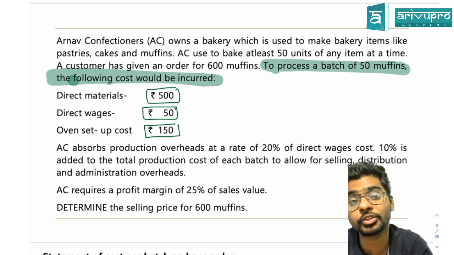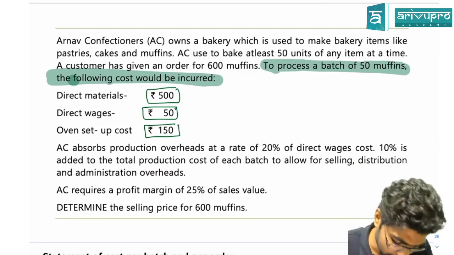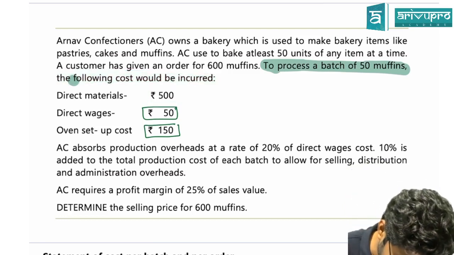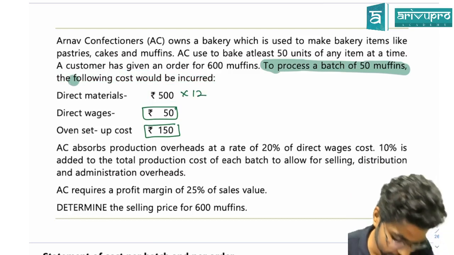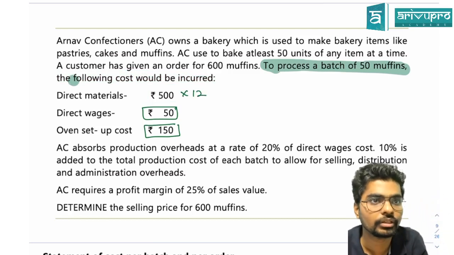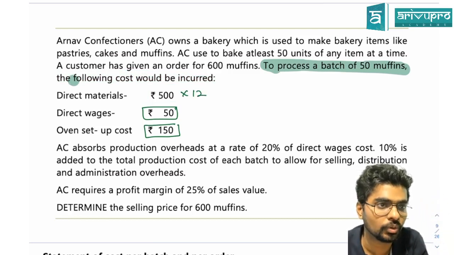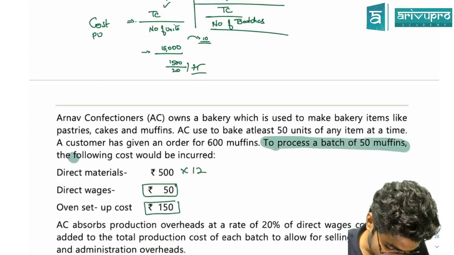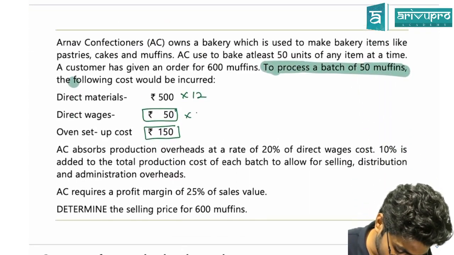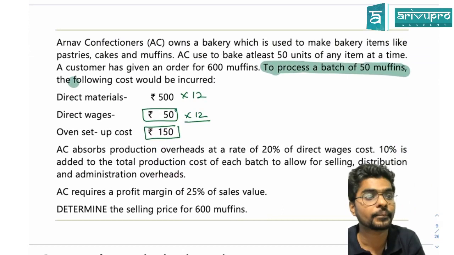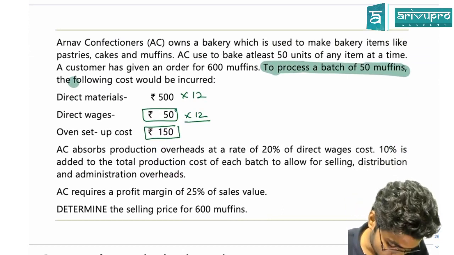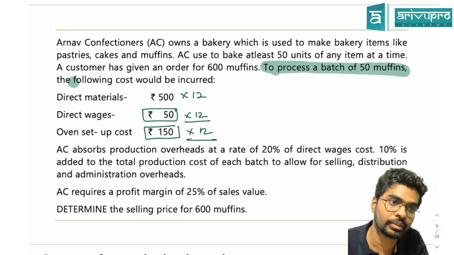So, how many batches are you doing? Correct? So material cost will be 500 into 12. Yes or no? Direct wages again 50 into 12. Oven setup cost also per batch, 12 times.